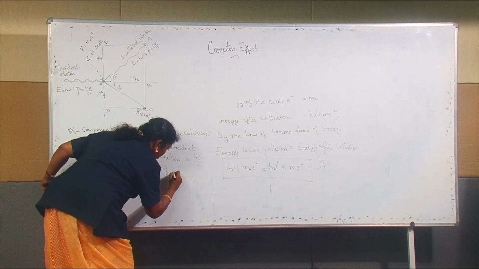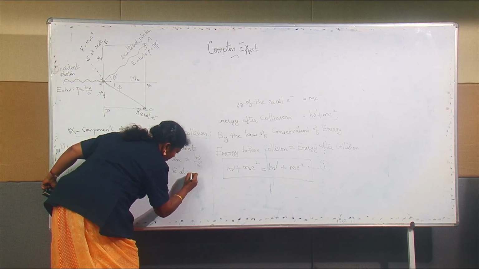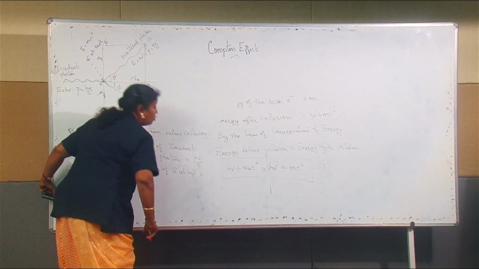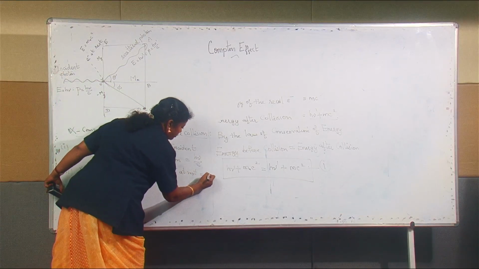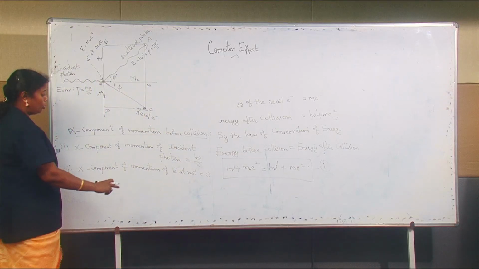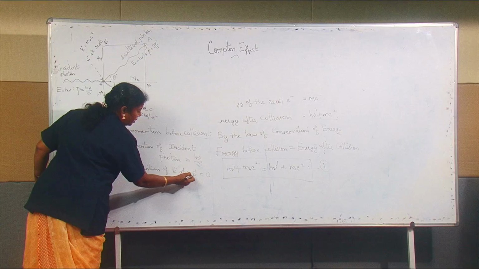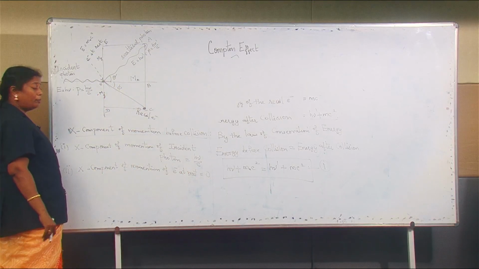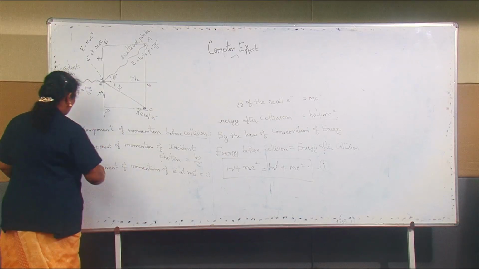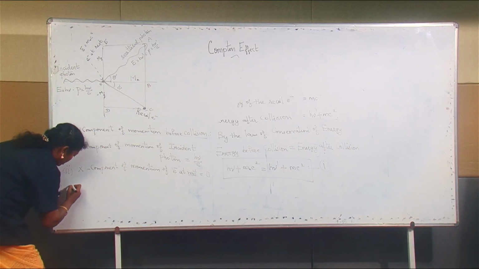So, what will be the equation? Electron at rest, we have the keyword, it is at rest. So, there is no momentum at all. So, it will be 0. The keyword rest means there will not be any momentum. So, it is 0.